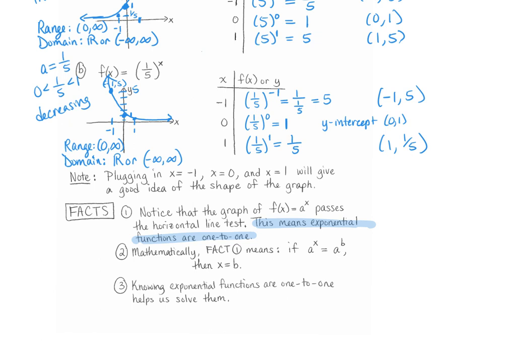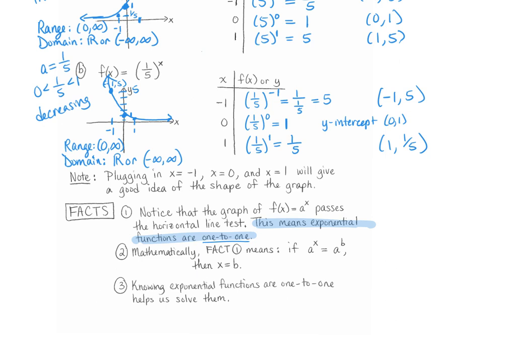And what does that mean? This is helpful whenever you are solving exponential equations algebraically. This you need to know. If we put it from words to math, that means a to the x equals a to the b implies x equals b.